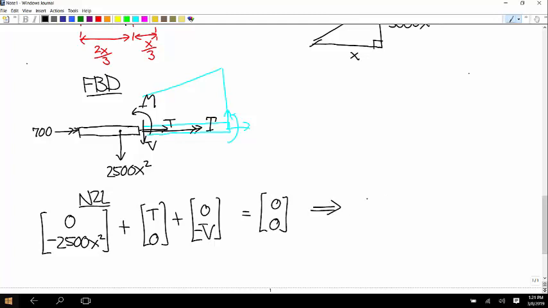And that tells us that the tension is 0. So there's no tension or compression on this beam. The shear force is negative 2,500x squared. It's algebra from here, so just add positive V to both sides. Yep, it comes out negative.